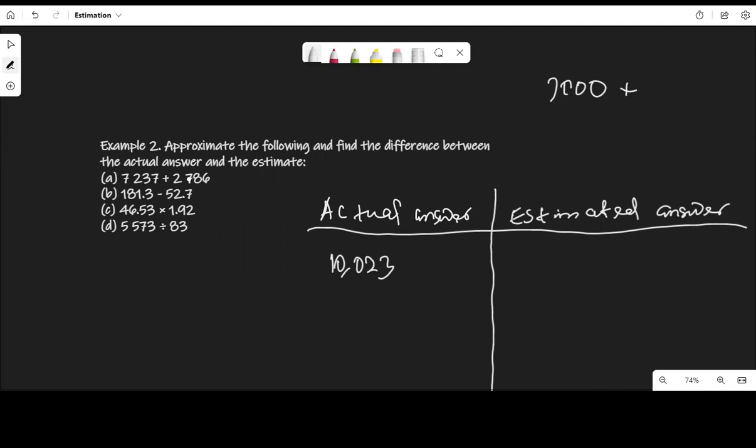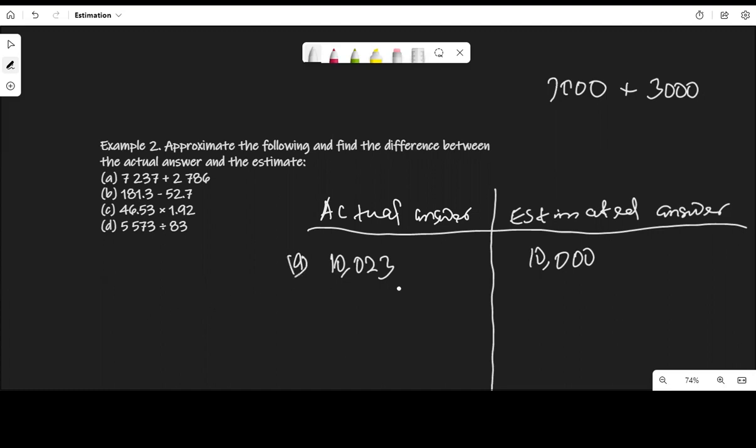The next digit to it is 7. 7 rounds up to 1. 1 plus 2 is 3. So 7,000 plus 3,000, which is 10,000. You can see the difference is not much. The difference is just 23, between the actual and the estimated. So that is that for question A.